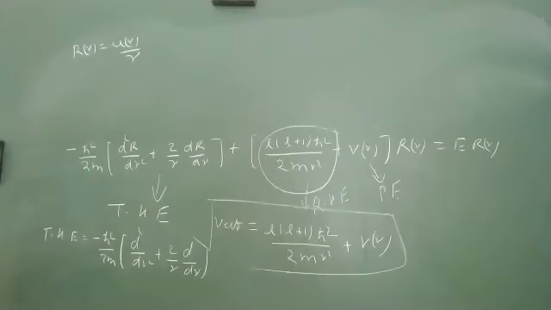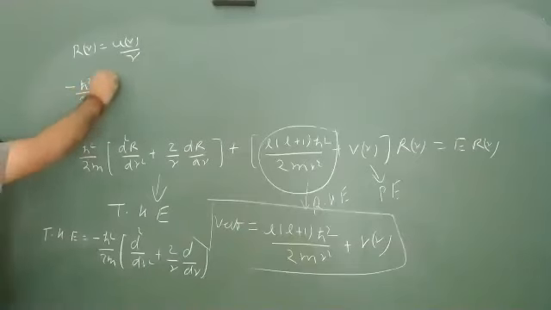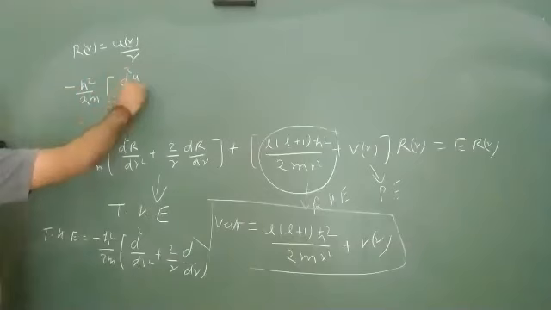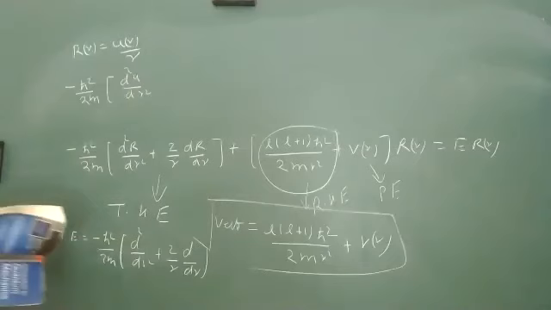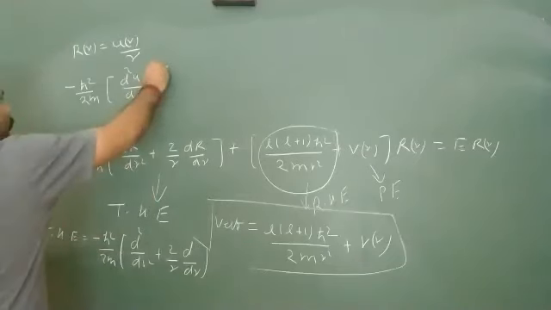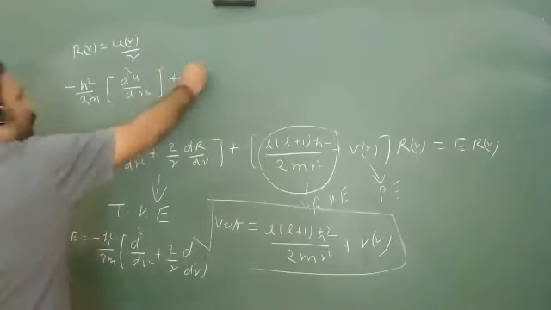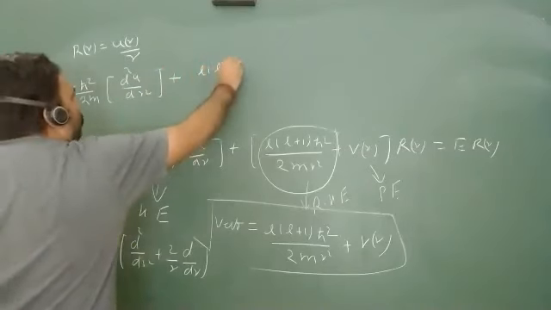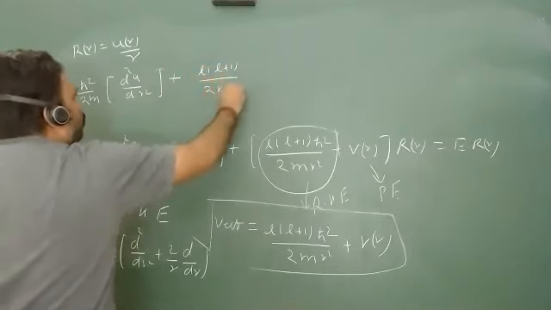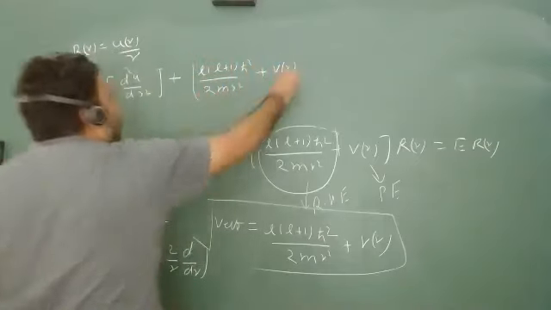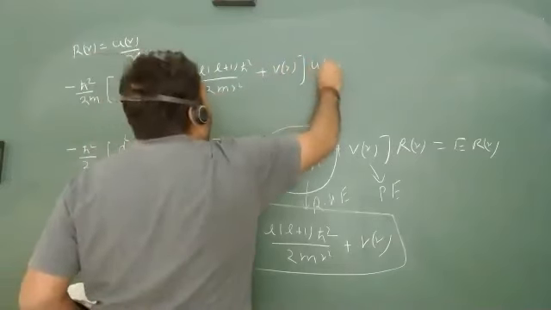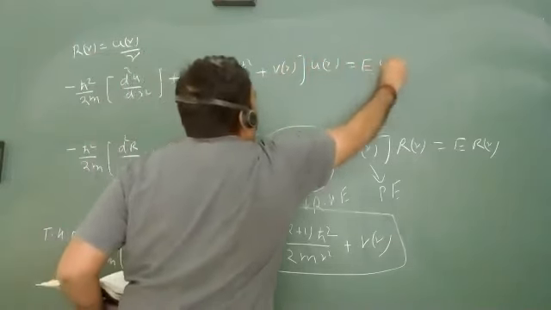If you put it in this equation, then this will be minus h cut square upon 2m, d square u upon dr square, and then after simplification, plus L into L plus 1 h cut square upon 2mr square plus V of r, times u of r, is equal to E times u of r.